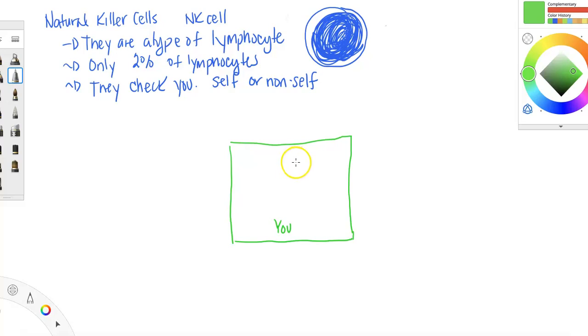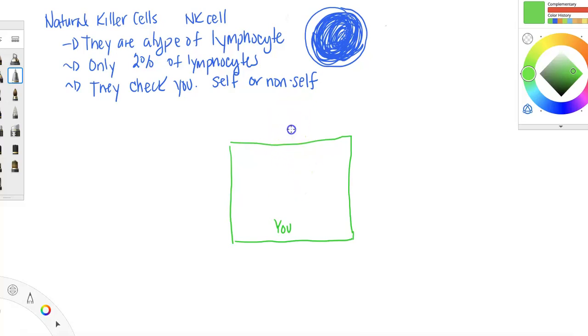So it's kind of like the cellular version of Facebook or Instagram or something like that.